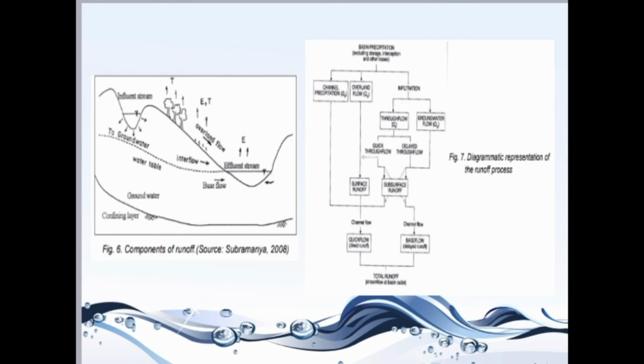Another source and component of runoff is throughflow. Water that infiltrates the soil surface and then moves laterally towards the stream channels in the upper soil horizons. It moves either in the unsaturated zone or the perched saturated zone above the main groundwater. It is also called subsurface storm flow, storm seepage, and secondary base flow. There are conditions where throughflow occurs.